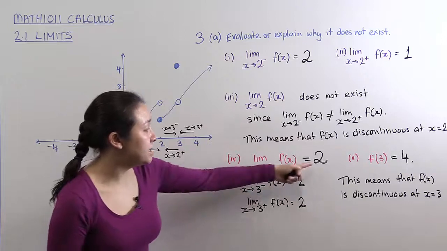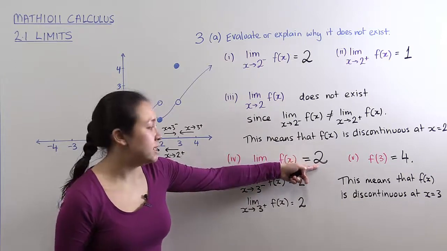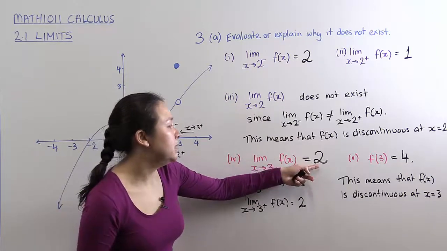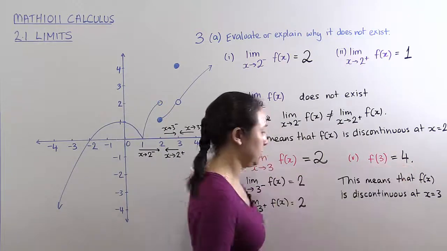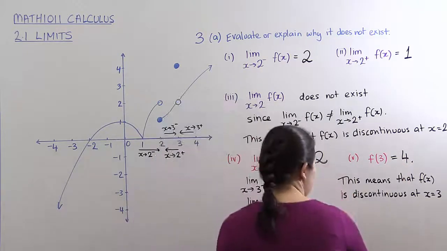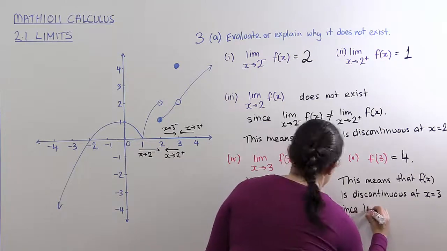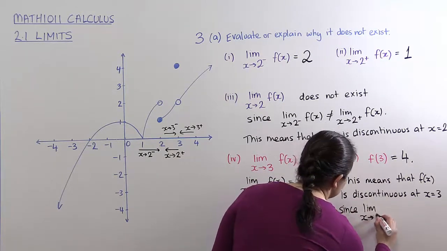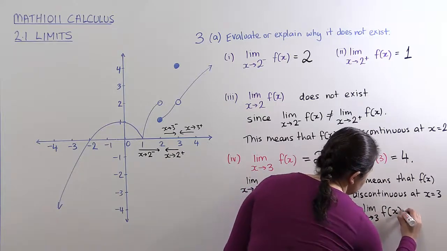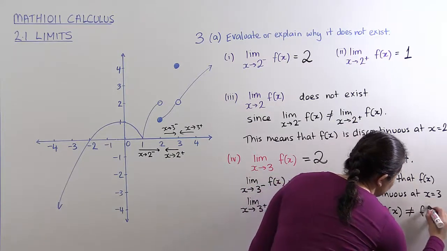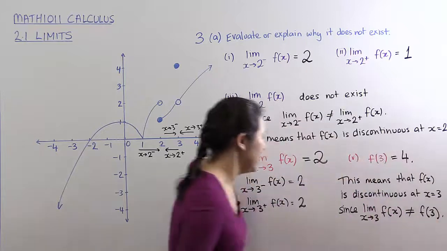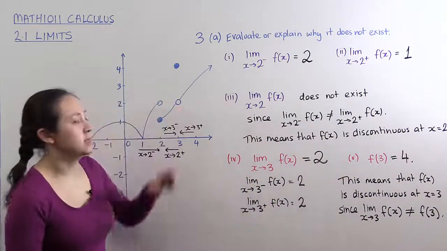Here the limit exists, it's 2, but it's not continuous because the limit is not the same as the function value. So f of x is discontinuous at x equals 3 since the limit as x approaches 3 of f of x does not equal f of 3. So our function is discontinuous at that point there.